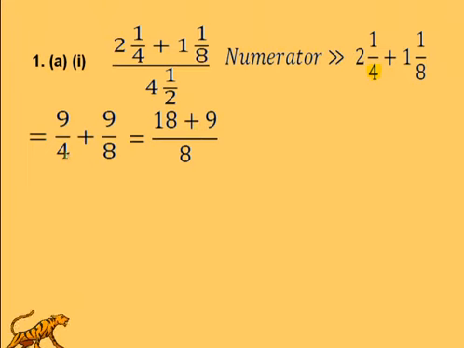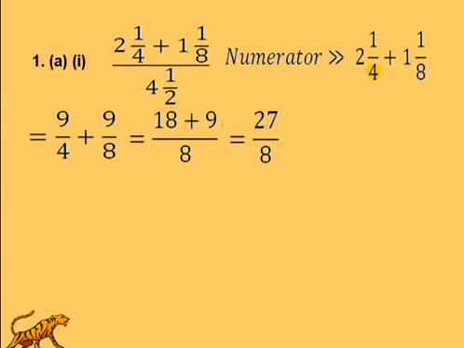Okay, here goes. 4 and 8 are your denominators. So 8 is the lowest number that both denominators can divide without leaving a remainder. So it means therefore 4 into 8 gives you 2, 2 times 9 gives you 18, and 8 into 8 gives you 1, 1 times 9 gives you 9. So 18 plus 9 gives you 27.